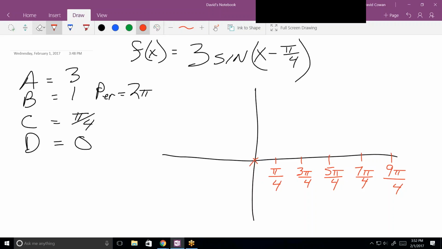When you start getting into eighths and twelfths, quartering them up can be quite an algebra problem. This one, pretty easy. Amplitude means that instead of going up to 1, we're going to go up to 3 and down to -3.